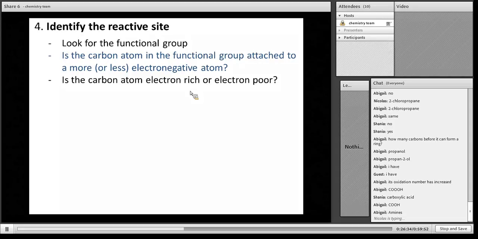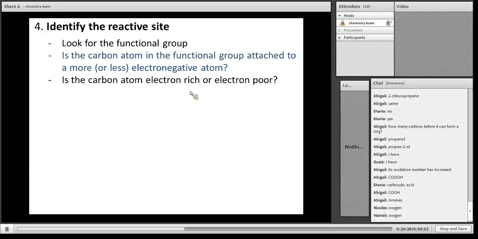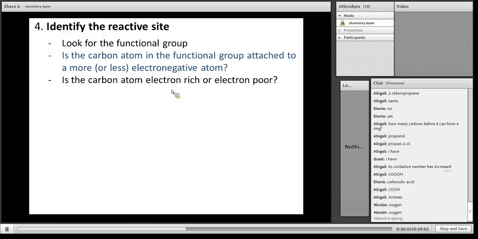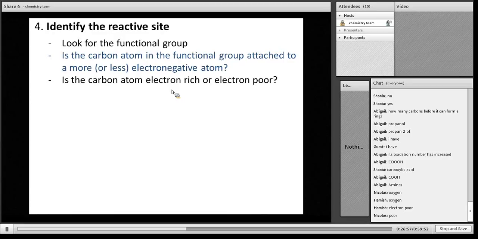So oxygen is more electronegative, which means by definition it's got a stronger attraction on the bonding electrons, and so oxygen will attract those bonding electrons more strongly. So is my carbon atom going to be electron rich or electron poor? It'll be electron poor.